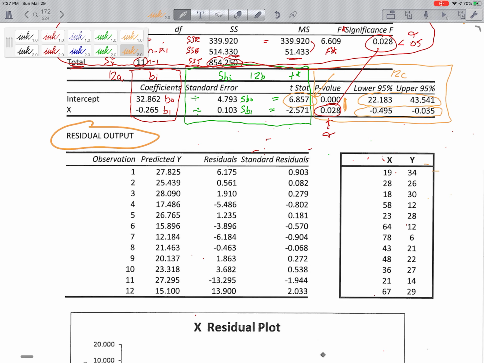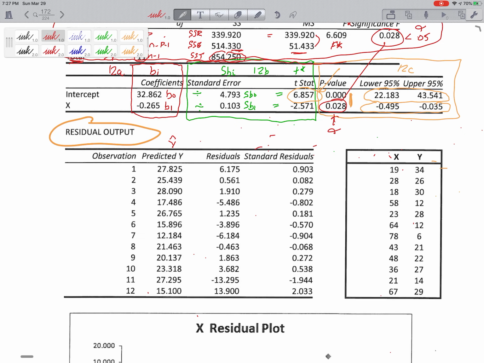Okay? Now, let's take a look at what that paragraph up there was talking about and how we read this. So the predicted y values here are these guys, and they're your y bar values. Let me show you where that comes from.